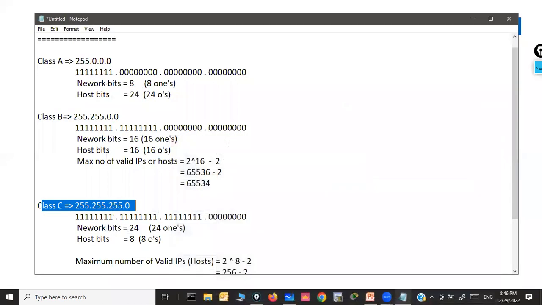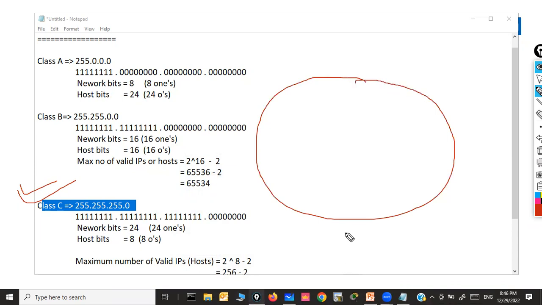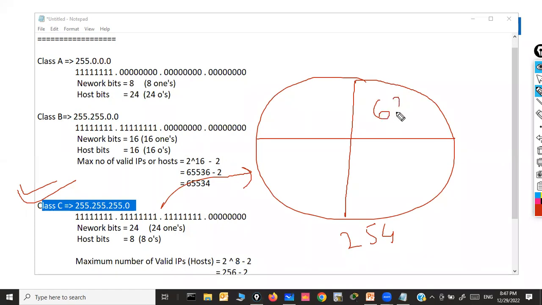So for example, in this class C network, which means 254 IPs, this network can further be divided into maybe 4 subnets, meaning 4 small networks, right? And each network now can have 62 IPs, 62 IPs, 62 IPs, right?